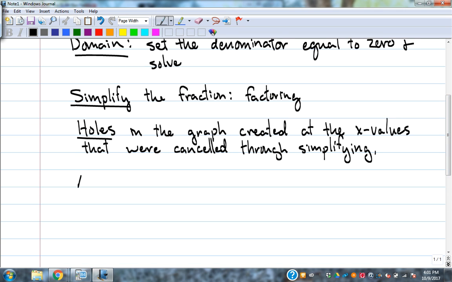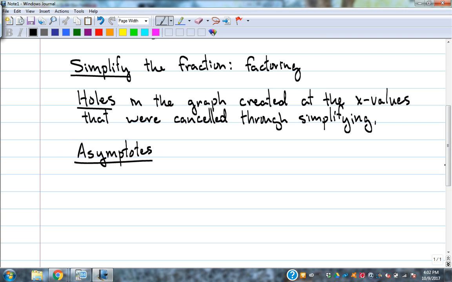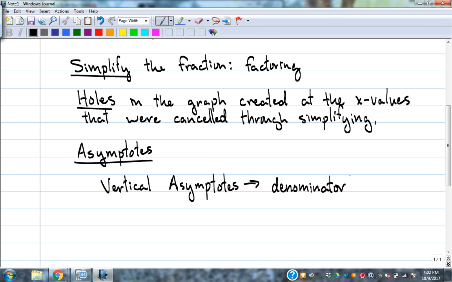And then you'll have your asymptotes. And there's 3 different kinds of asymptotes. There are vertical asymptotes. Those come through the denominator.